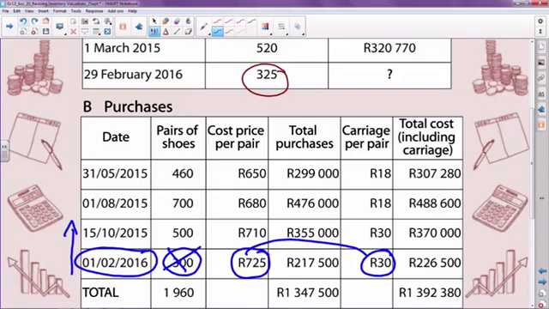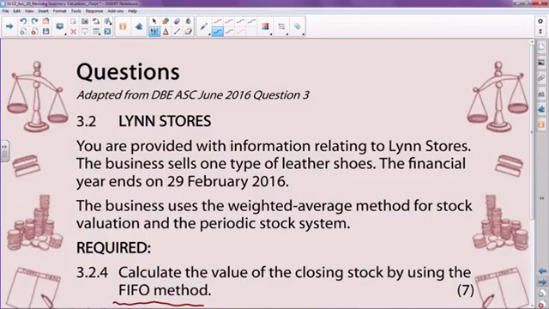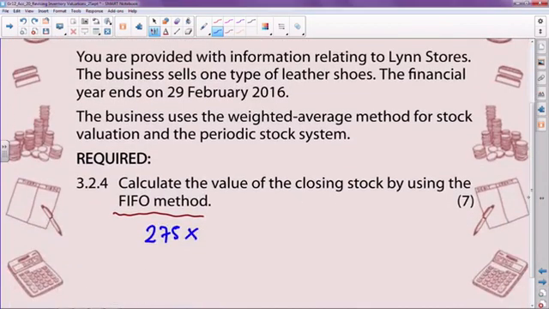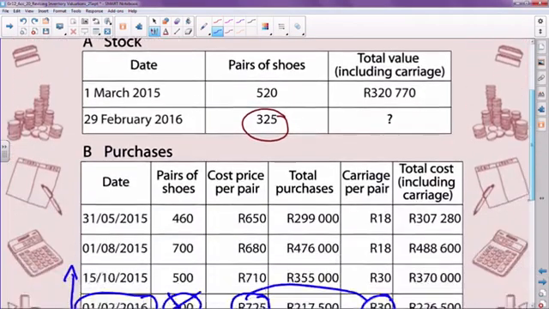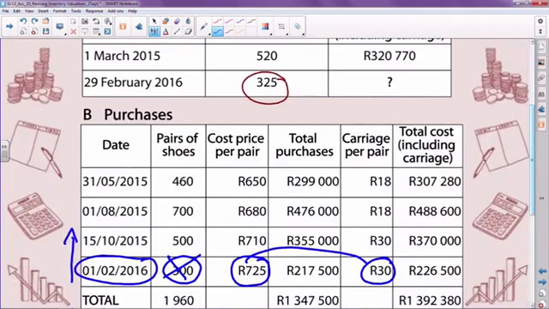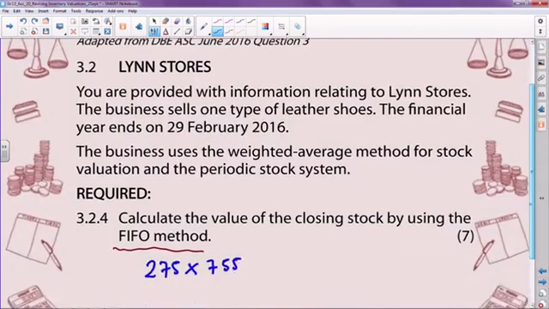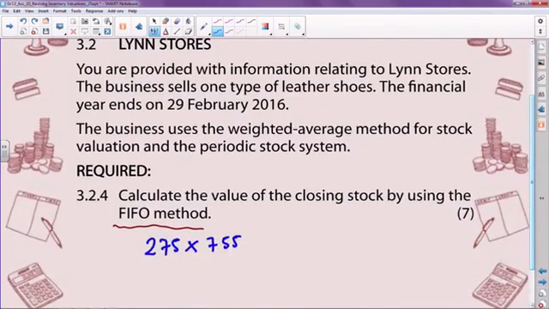Okay, so now you tell yourself, fine, if that is your 755 Rand, once again, I'm explaining to you where the 755 comes from. It comes from your cost price of 725 plus the carriage of 30 Rand. Okay, so that would then cater for 275 times 755.